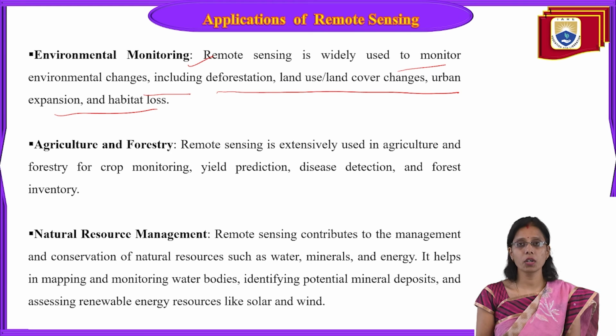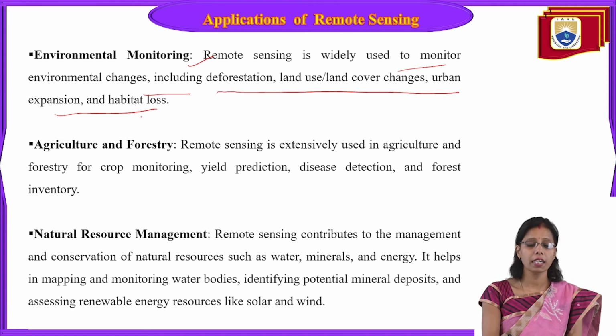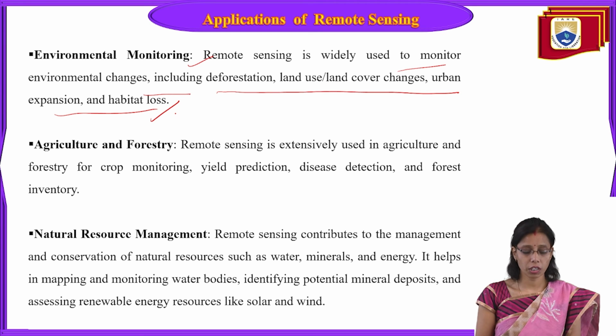It will tell you wherever the deforestation process is going on, or any land use, land cover changes are going on. It will show the changes in the area, and wherever urban expansion takes place, it will highlight those areas and capture the information without touching the ground feature.